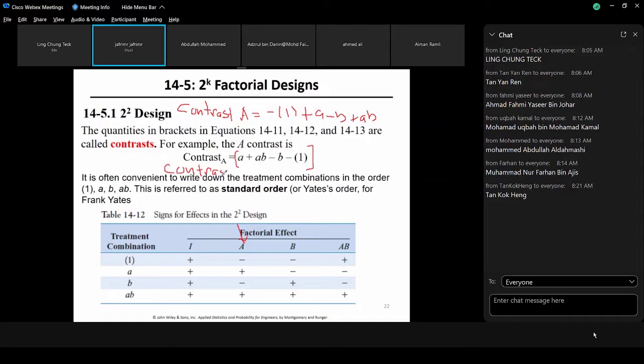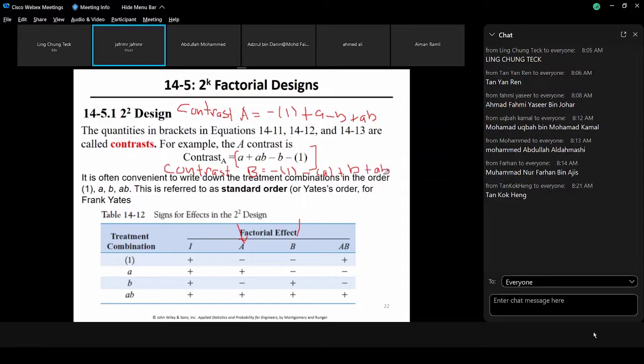Just follow and look at column B: minus 1, minus A, and then minus B, plus B, and then plus AB.